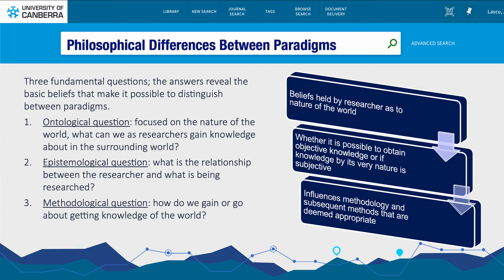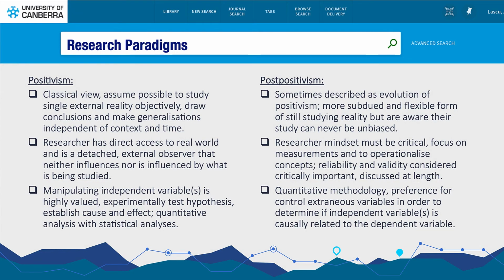How do we go about getting knowledge of the world? So the first stage is the beliefs that are held by the researcher as to the nature of the world. The second stage is whether or not it is possible to even obtain objective knowledge, or if knowledge by its very nature is subjective. And thirdly, what influences methodology and the subsequent methods that are deemed appropriate to find what we're looking for.